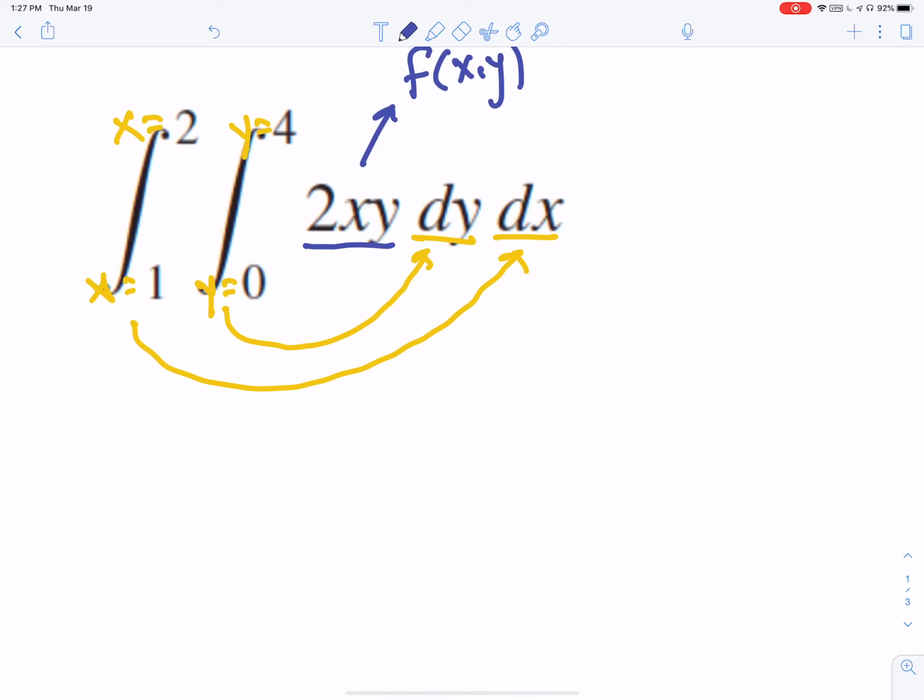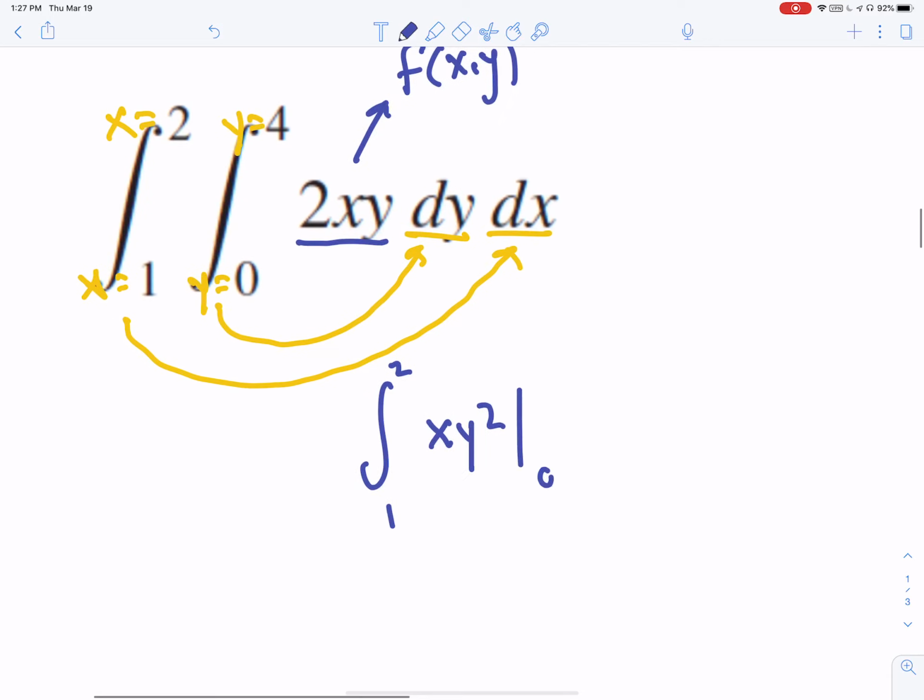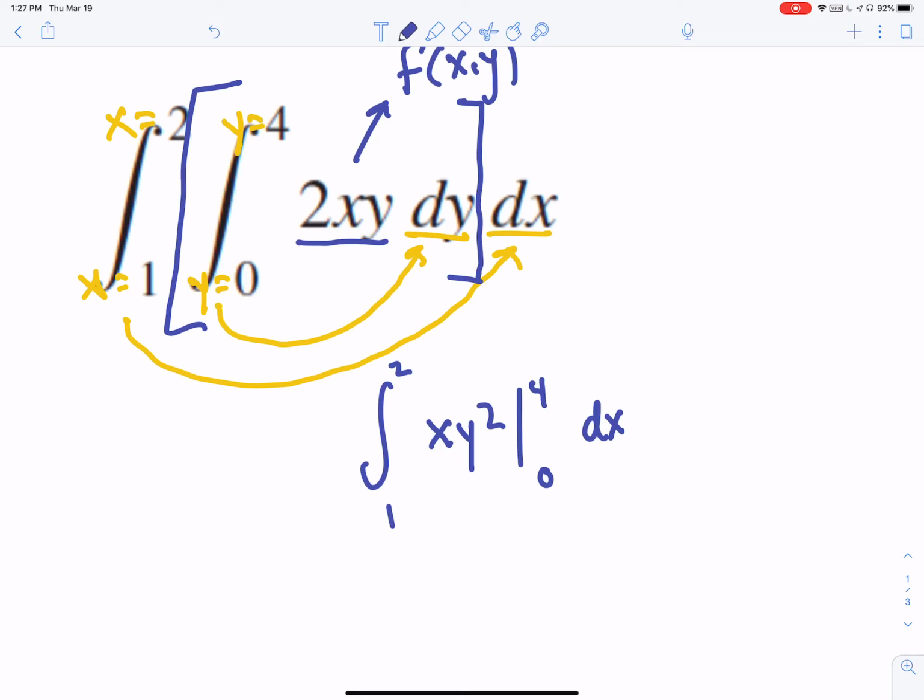So the integral of 2xy is going to become x y squared, evaluated from 0 to 4, with the outer integral from 1 to 2 dx. So all I did here was evaluate the inner integral.